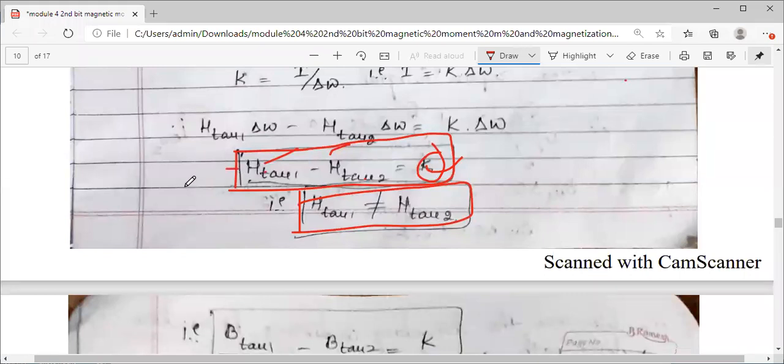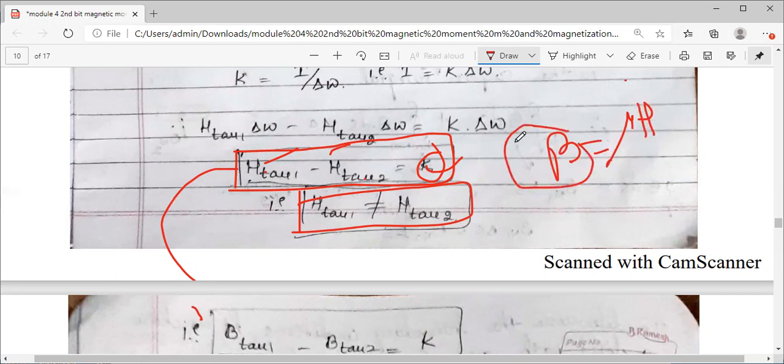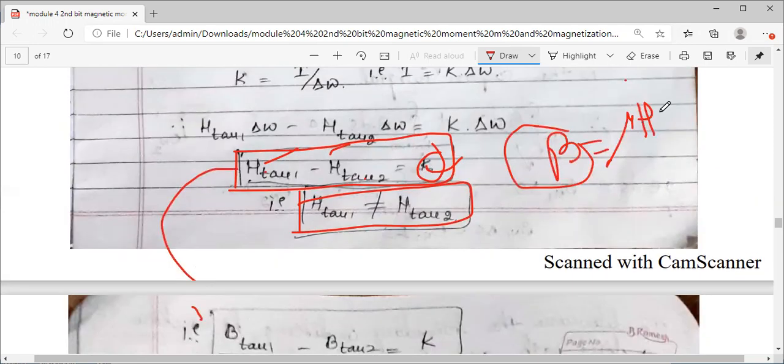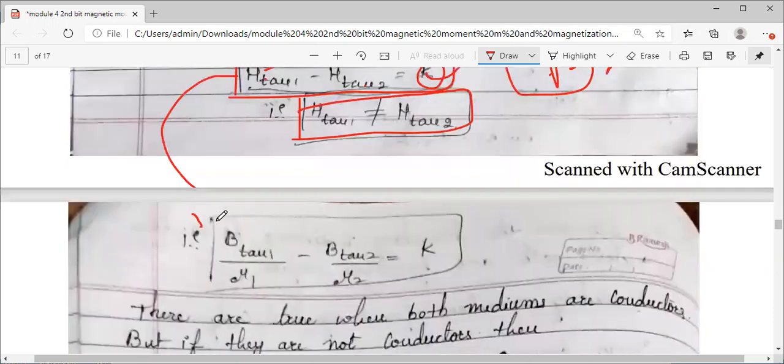Now taking this equation, if I substitute, we know already B equals mu H. So if I want H from this, what will H equal? H is B by mu. So I'm substituting that B by mu for both medium 1 and 2.